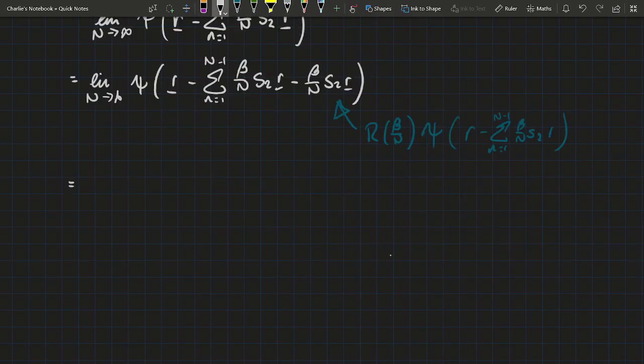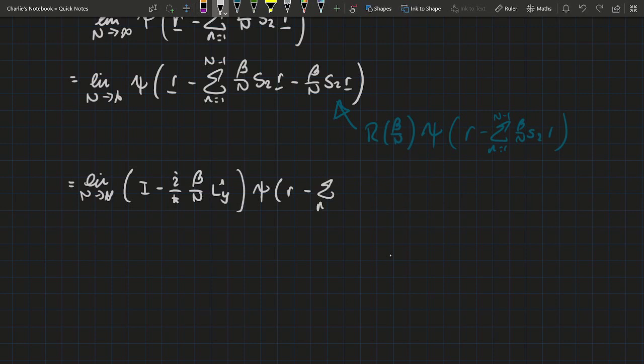Therefore, we can write this as the limit as n tends to infinity of the operator R_y, which is I minus i over ħ β/n L_y hat, acting on ψ of r minus the sum from n equals 1 to n of β/n s2 r.